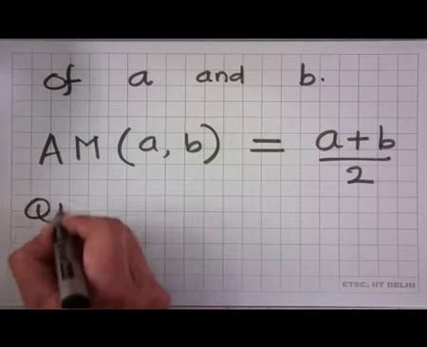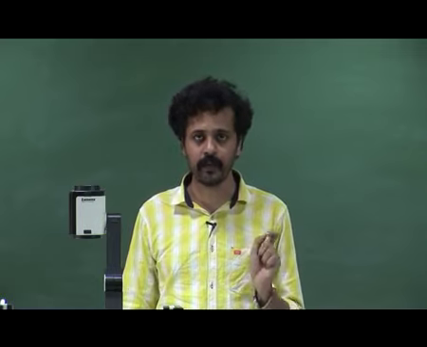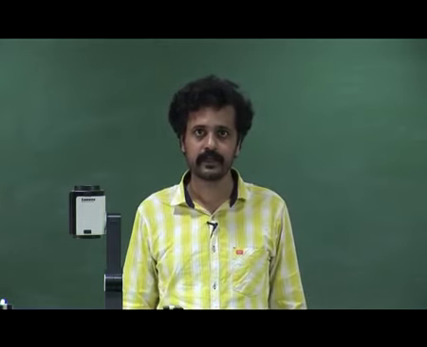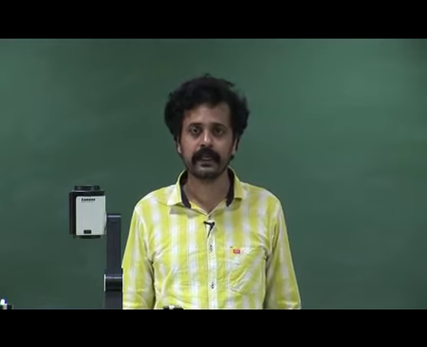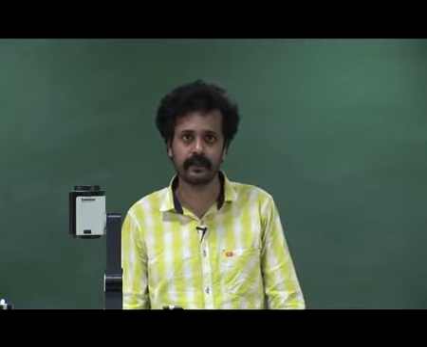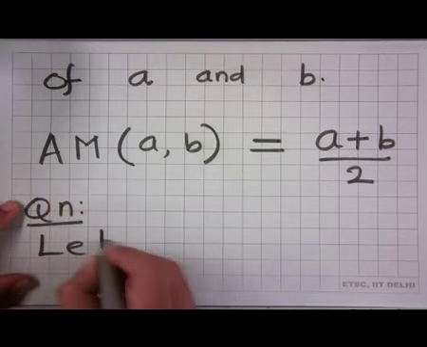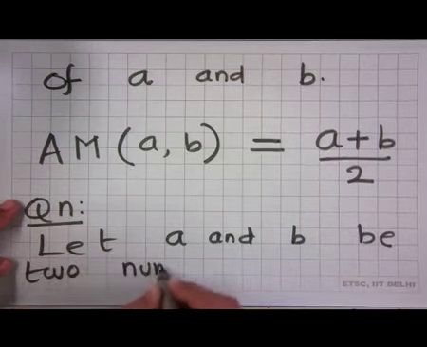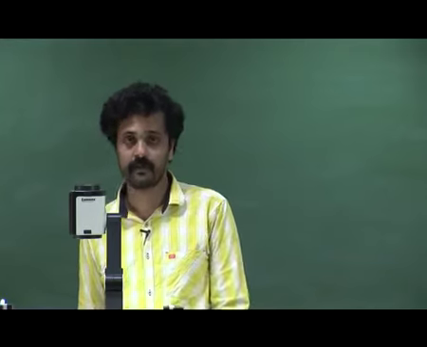Having said this, let us ask a slightly more general question. Instead of inserting one number between the given two numbers small a and small b, can we insert a finite number of real numbers so that the given two numbers and the inserted numbers altogether are successive terms of some arithmetic progression? Let me write it for you. Let a and b be two given numbers. What is the question?